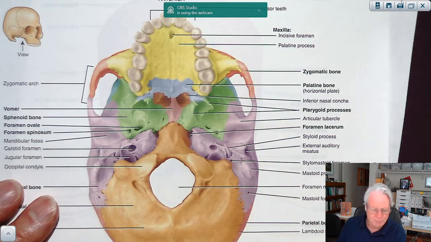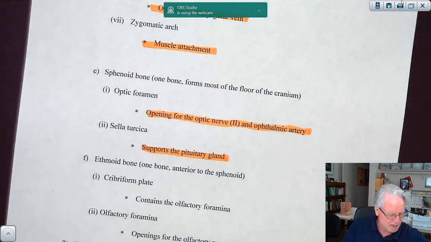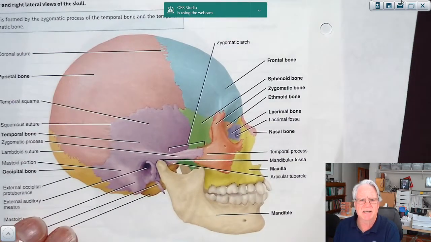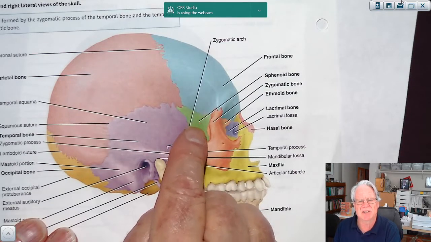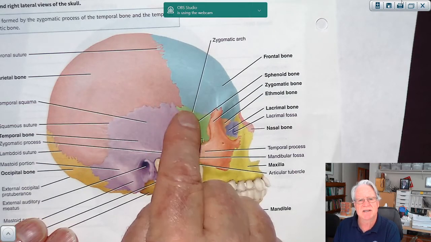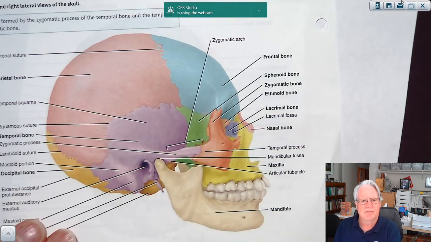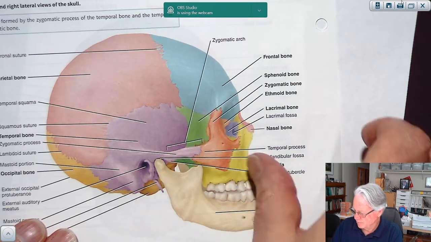And then finally, we can have also a lateral view and find, again, in green, a little bit of the sphenoid bone out here, creating the outer surface of the skull. Okay, so that's our sphenoid bone.